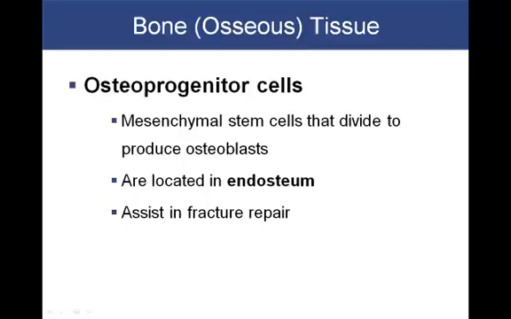So 3 of these cell types are closely related, and if we were to draw a family tree of sorts, we would put the osteoprogenitor cells at the top, and over time, the osteoprogenitor cells will differentiate into osteoblasts with a B. And again, once those osteoblasts are embedded within matrix, they become or differentiate into osteocytes.